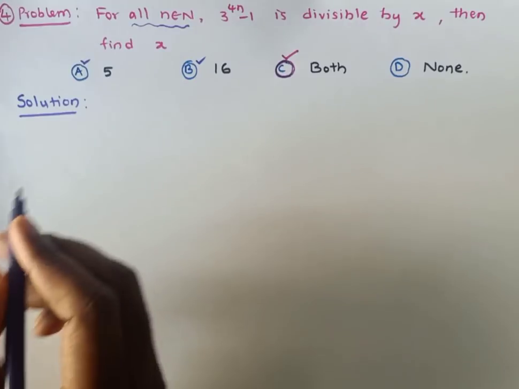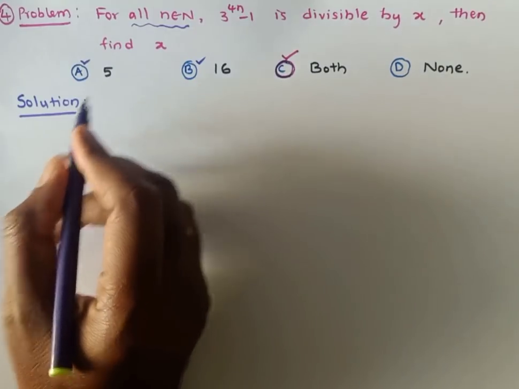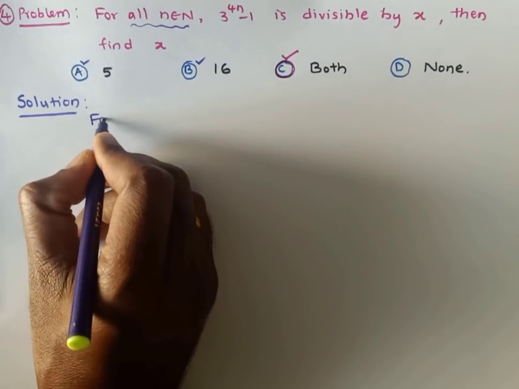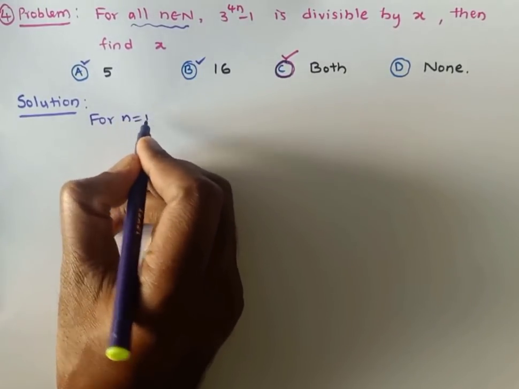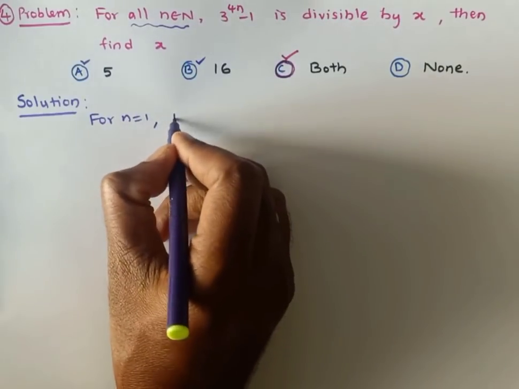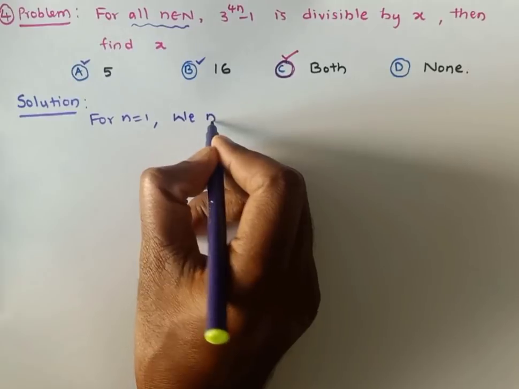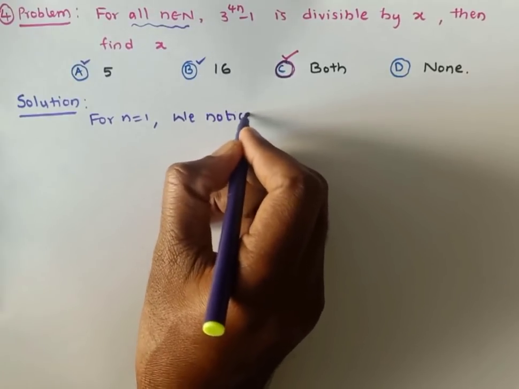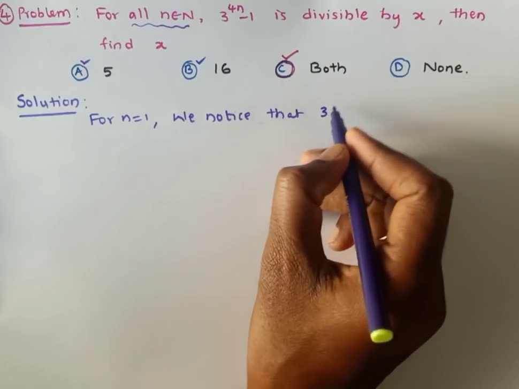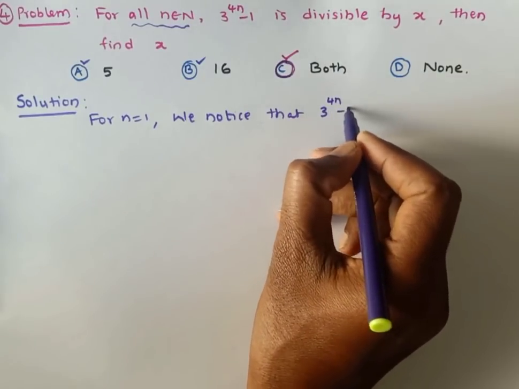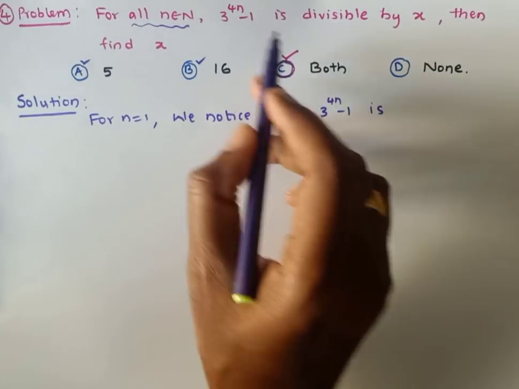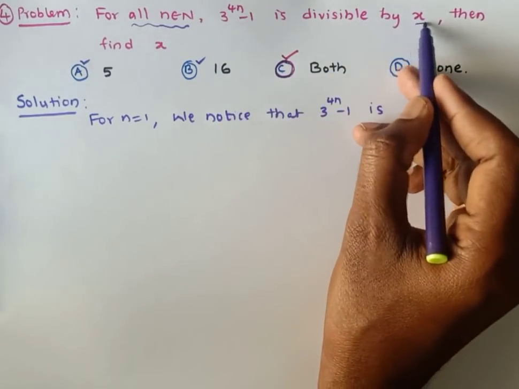How to solve this now. Here the given statement is this only. First we need to check for n equals to 1, since it is true for all natural numbers, right? For n equals to 1, here we notice that 3 to the power of 4n minus 1 is divisible by x, where x is the unknown.